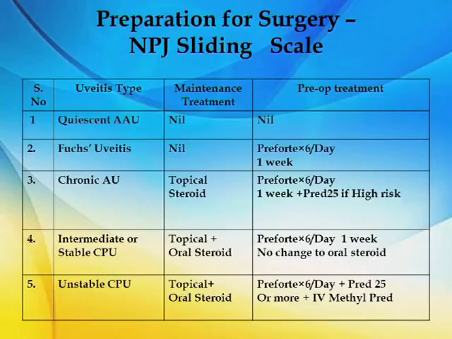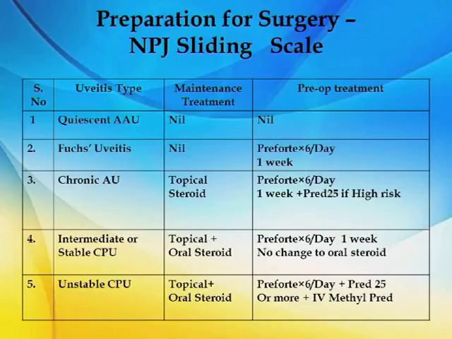In chronic anterior uveitis, the patient may be on a low strength of topical steroids. For them, you have to put them on Predforte 6 times a day for 1 week plus oral steroids. The other one is intermediate or stable chronic posterior uveitis. The patient may be on topical steroids and oral steroids.